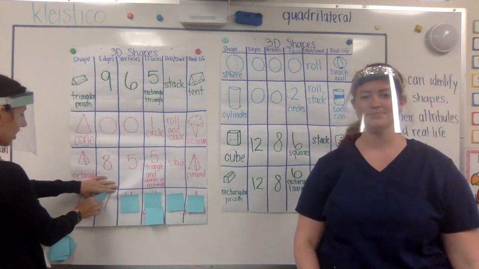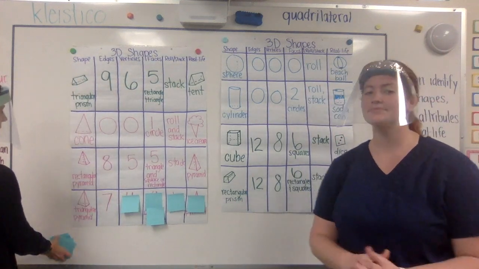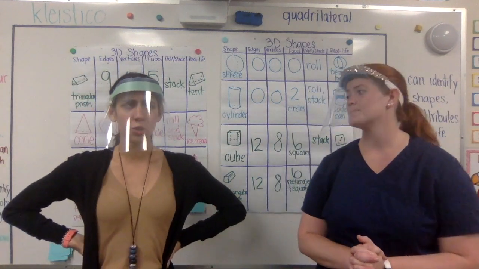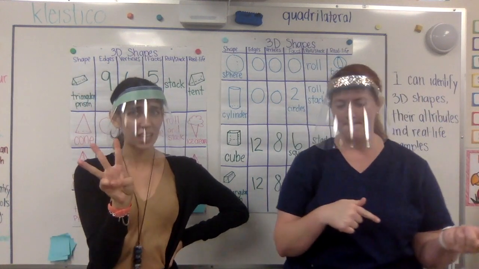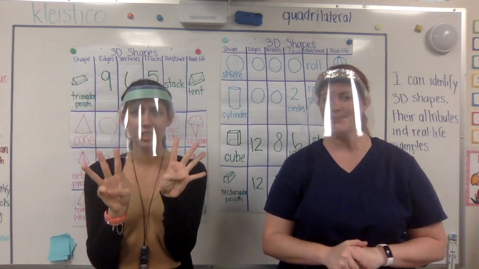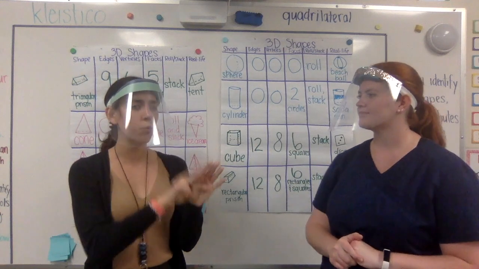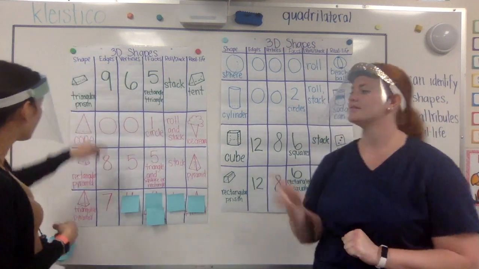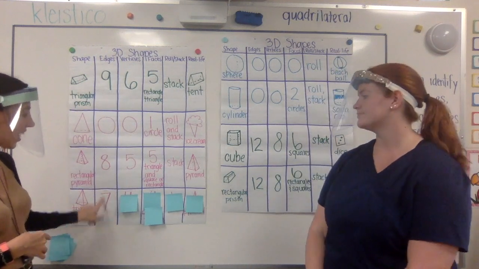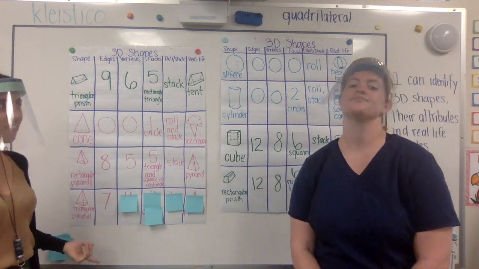Well, because it has a triangle base, our number of edges can't be the same, Miss Lime, because I know that a triangle had 3 sides, and, well, a rectangle had 4 sides. Yeah. So if a triangle has 1 less, then that means that our triangular pyramid would have 1 less edge, so it would have 7 edges.